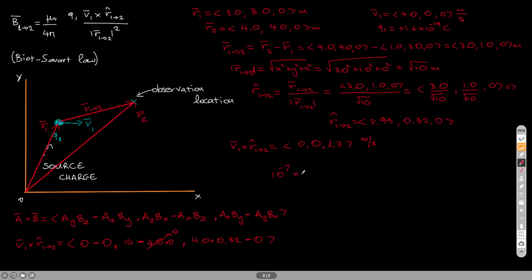So the constant times Q1, and then times the cross product, 0, 0, 1.3, and then I need to divide this by the magnitude squared. The magnitude was the square root of 10. If I square the square root of 10, I will get simply 10.